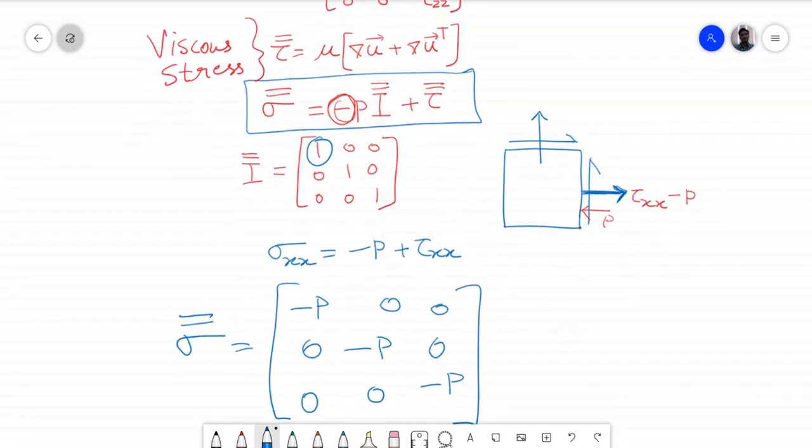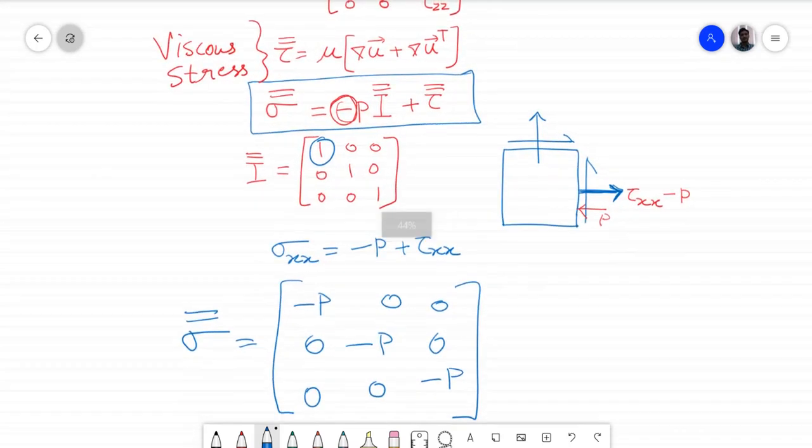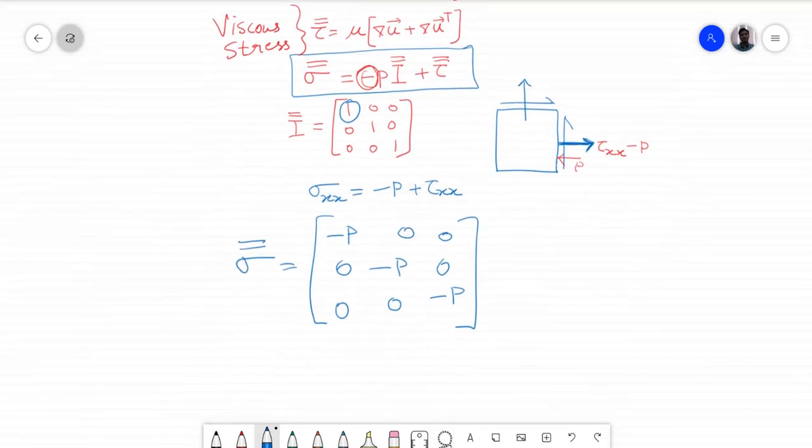This is the general scenario. This is also Pascal's law. Right now we have not proved it. We just said that sigma xx, sigma yy, and sigma zz are all equal to minus p. Why is this p coefficient the same in all the directions? We will discuss that now.